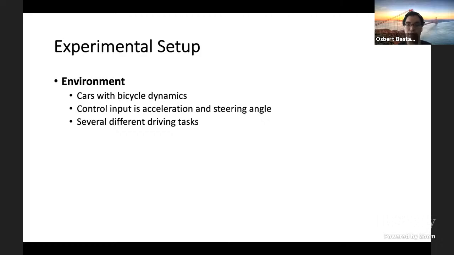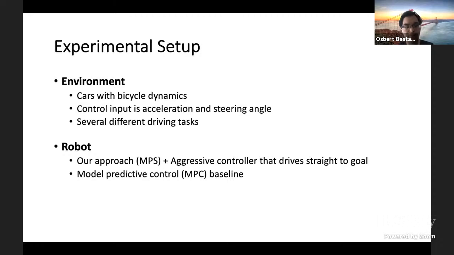The control inputs are the acceleration to apply and the steering angle. And we have several different driving tasks. One of them was the crossing task that I showed. We also have a highway merging task where a robot is trying to merge onto a highway with a human in the current lane, as well as an unprotected left turn task. And I'll show examples of each of these in a minute.